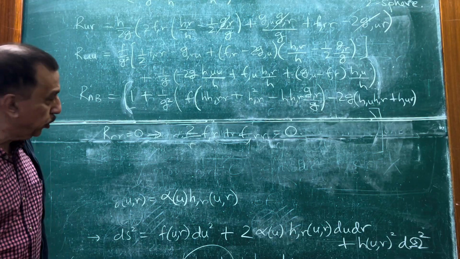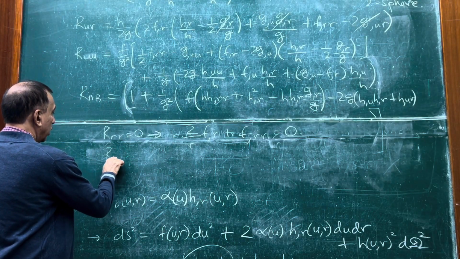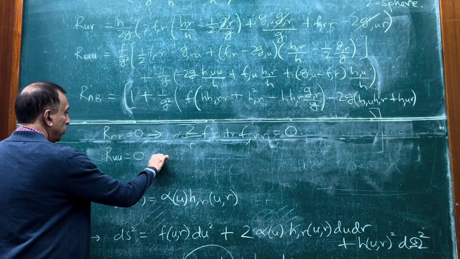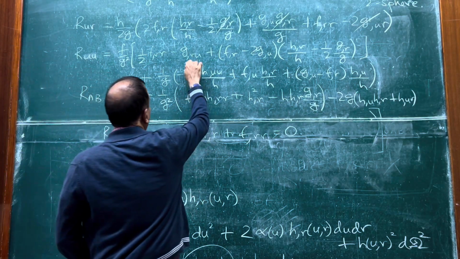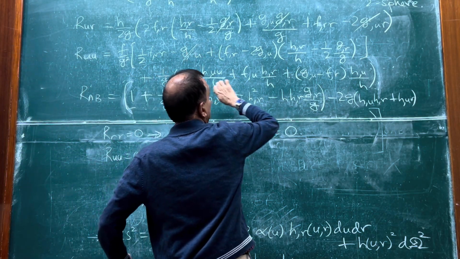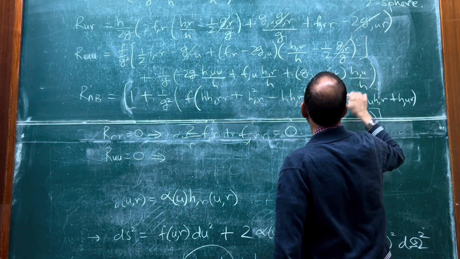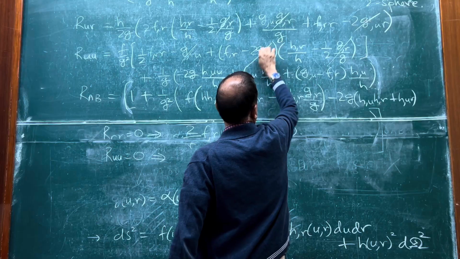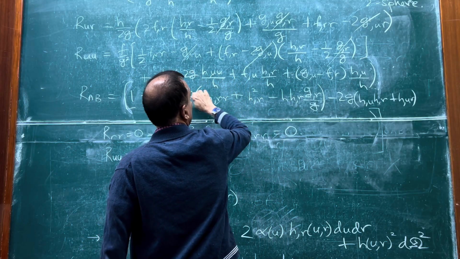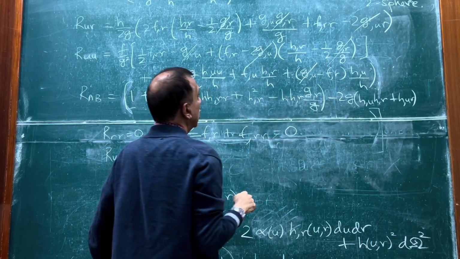Then R_uu equals 0 gives me something similar but a little different. So again, all the g comma r's have to go. That goes. That goes. g comma u will also go because g is just 1. This also goes.